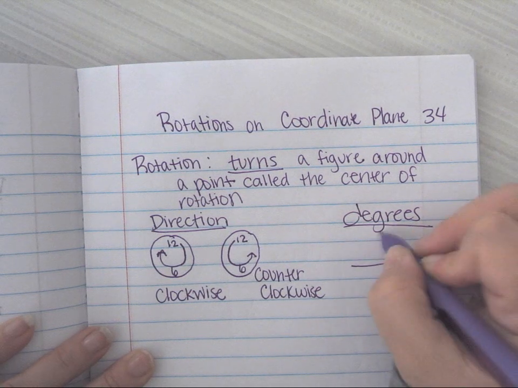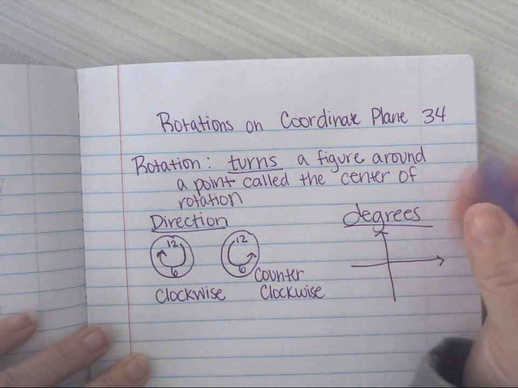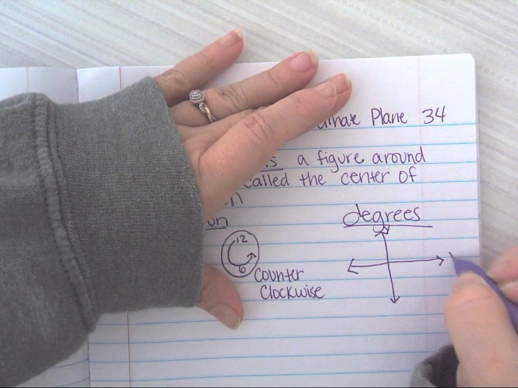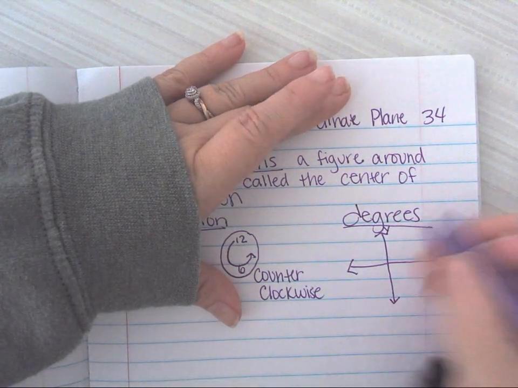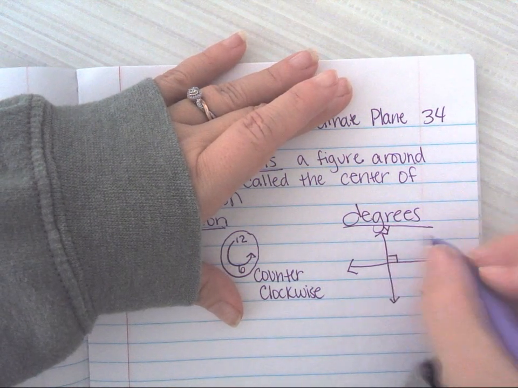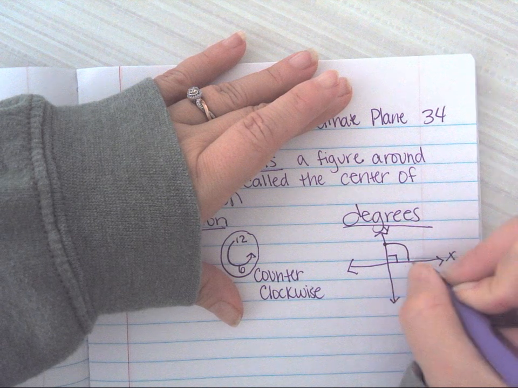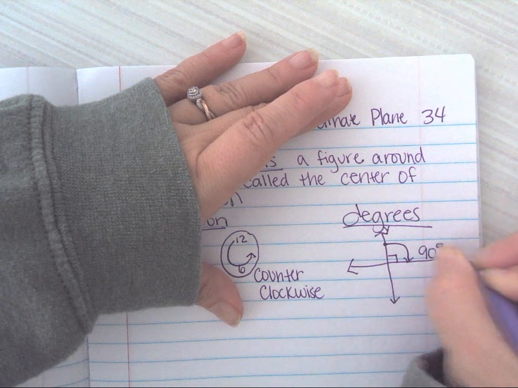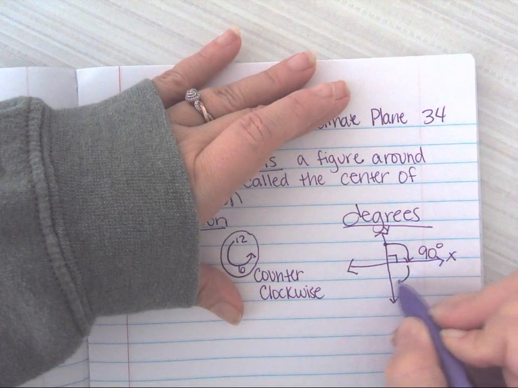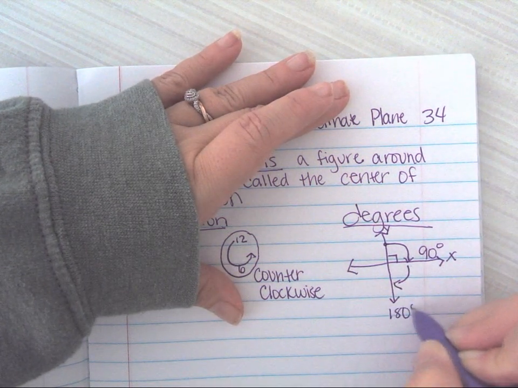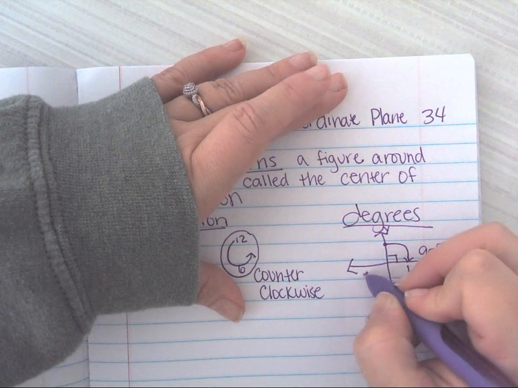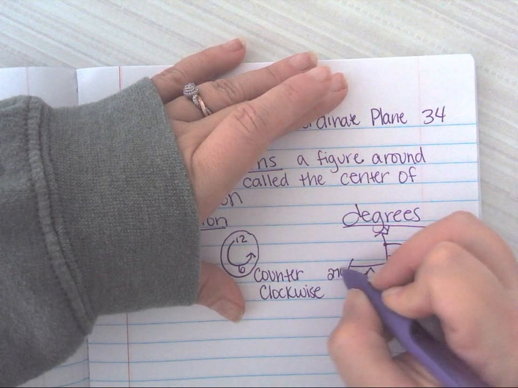All right, a coordinate plane is made up of two straight angles, right? This first one is 90 degrees. So if we start here and I turn here, I've done 90 degrees. If I go from here to here, I've done 180 degrees. From here to here, I've done 270 degrees.